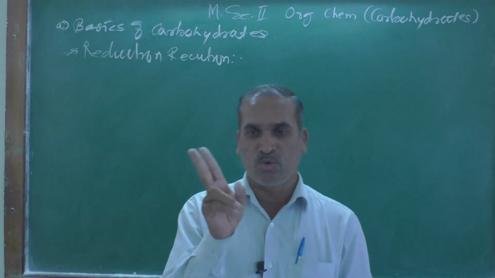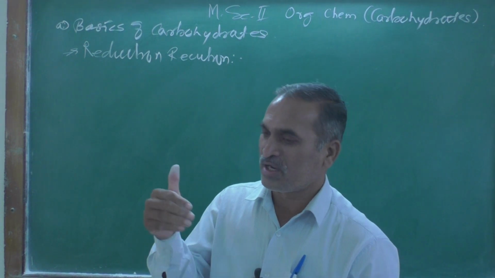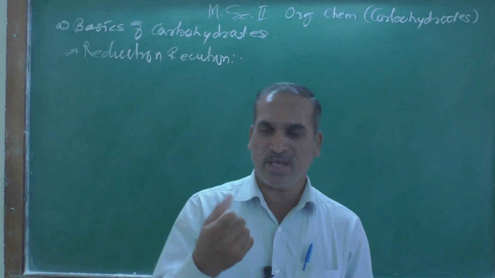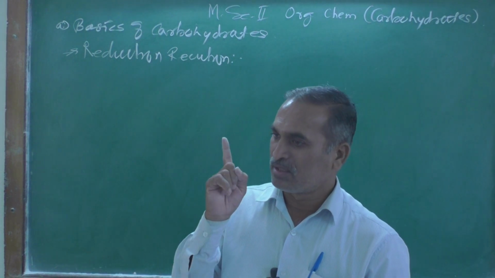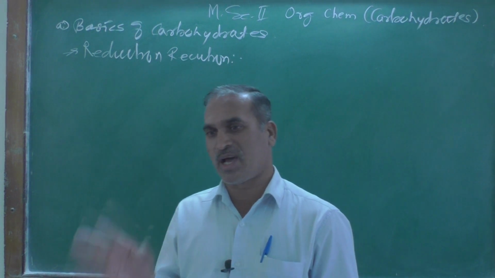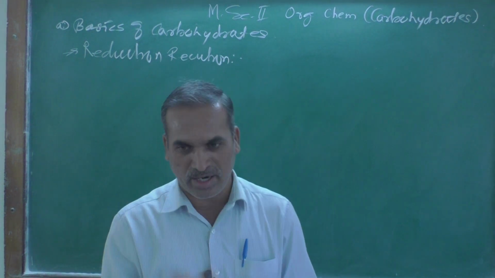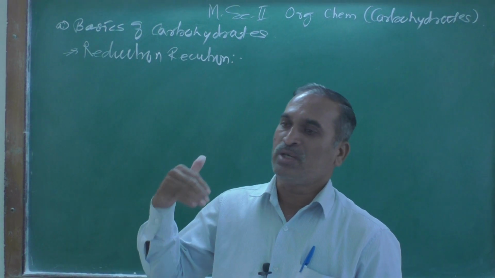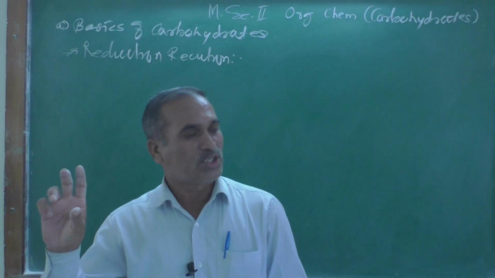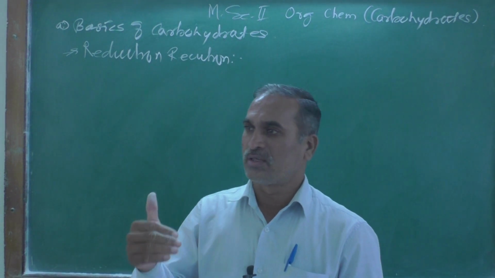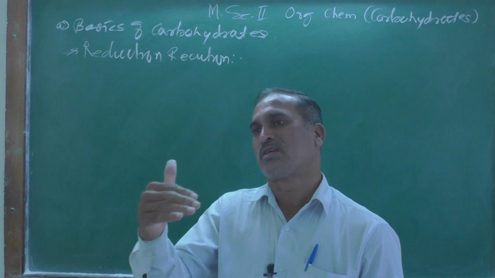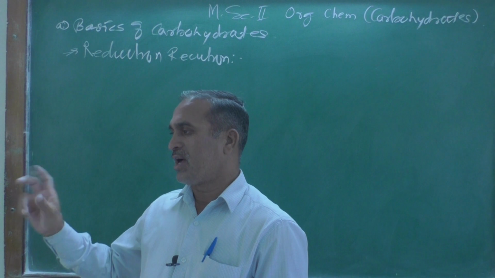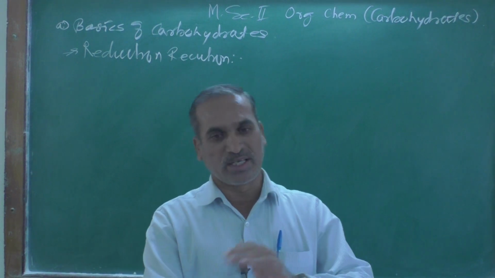The oligosaccharide is further divided into three types. One is called a disaccharide. The name itself suggests that di means two monosaccharides are present, then the second is a trisaccharide, and the third may be a tetrasaccharide. These are the subclassifications of oligosaccharide, and the last one is polysaccharide.